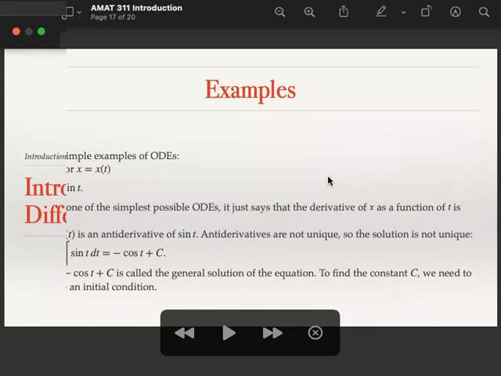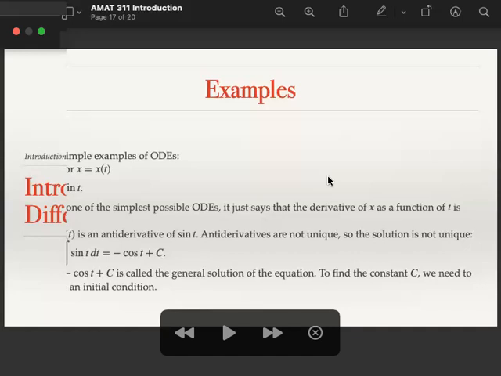If we are not given initial conditions for this equation, then this is the solution that we get. As promised, we actually get an infinity of solutions. Minus cosine t is a valid solution. Minus cosine t plus 100 is a valid solution.